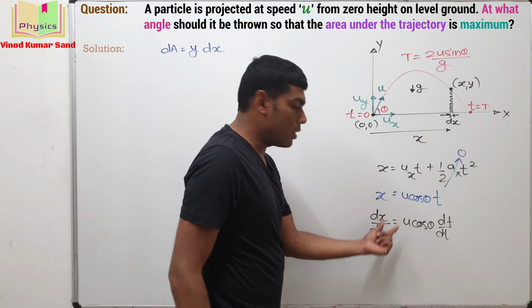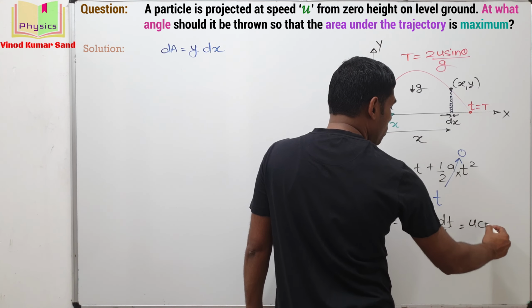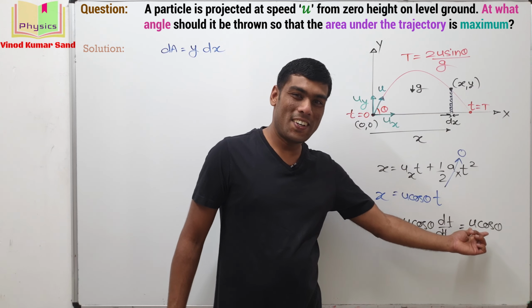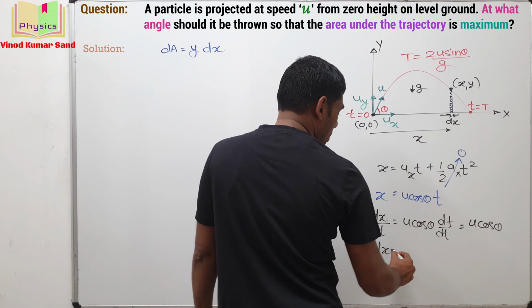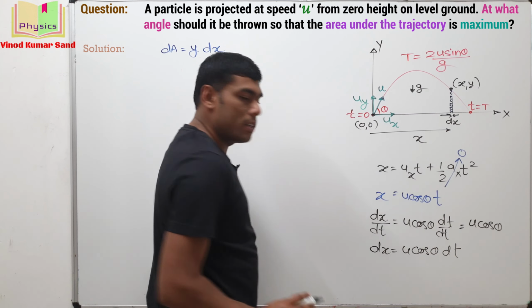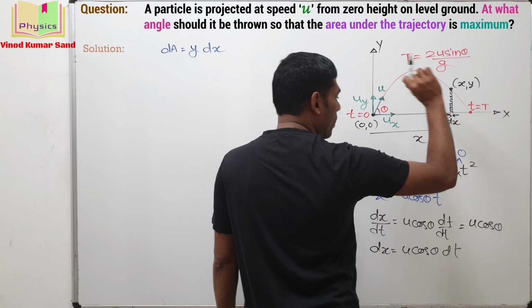I am differentiating with respect to time. So dx by dt comes out to be u cos theta. Basically this is ux only. Okay, and dx comes out to be u cos theta dt. Done.